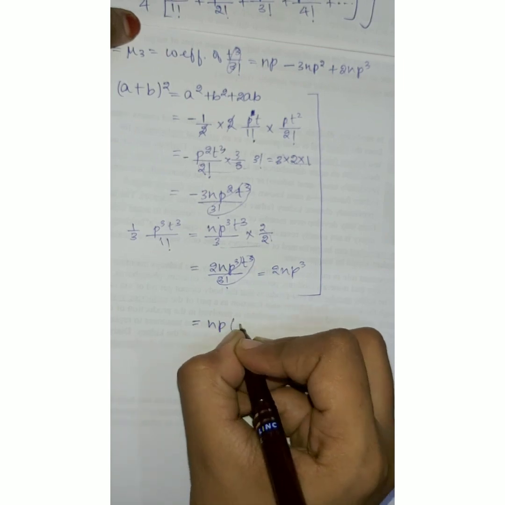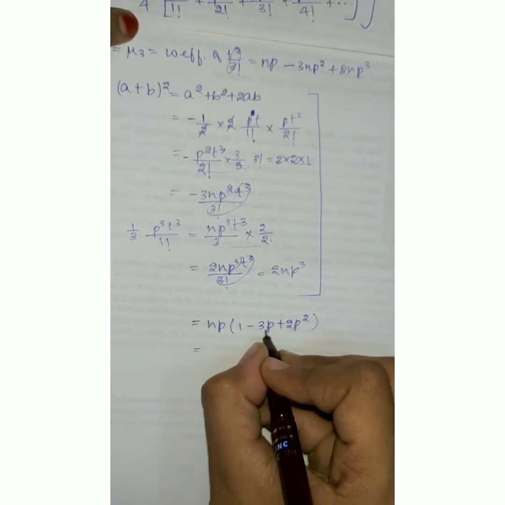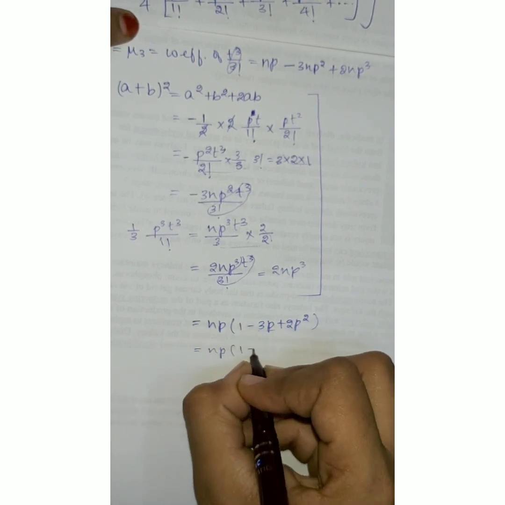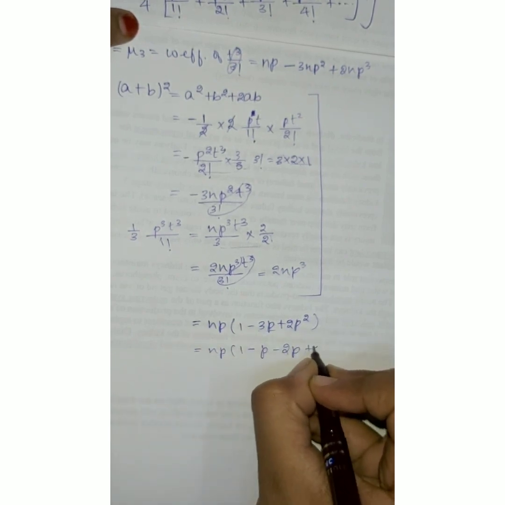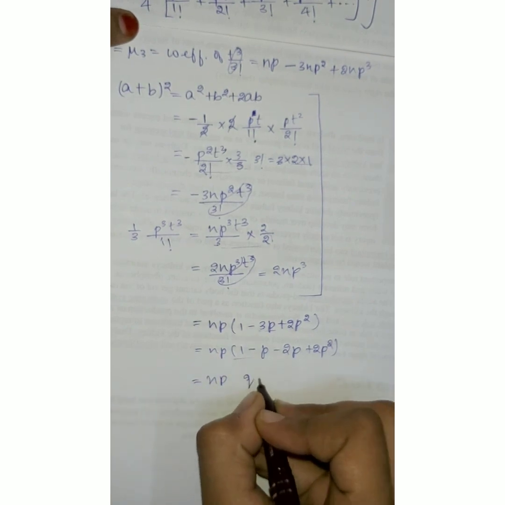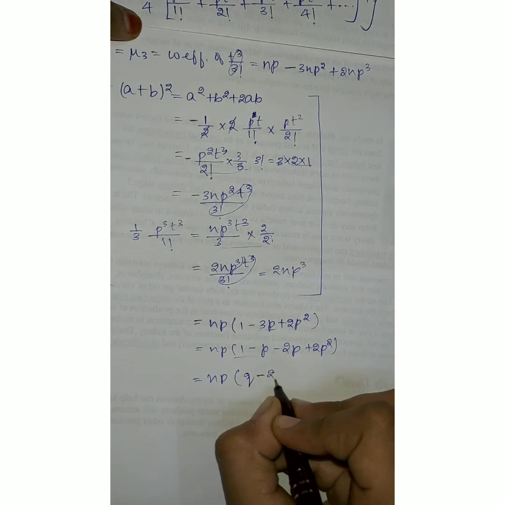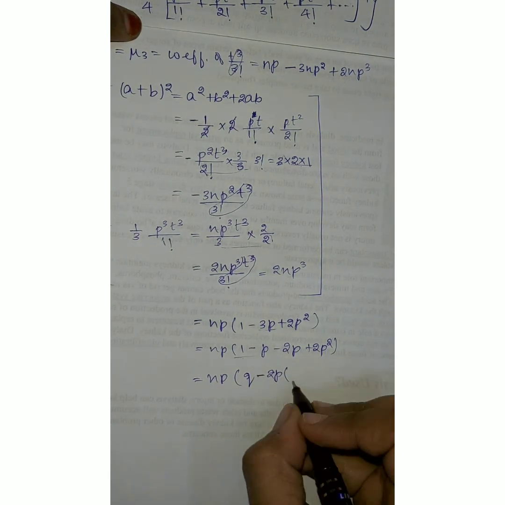Simplifying further, by taking np common, we get np into 1 minus 3p plus 2p square, separating 3p as minus p minus 2p and substituting q in the place of 1 minus p. Taking minus 2p common, we get 1 minus p, which is nothing but q.